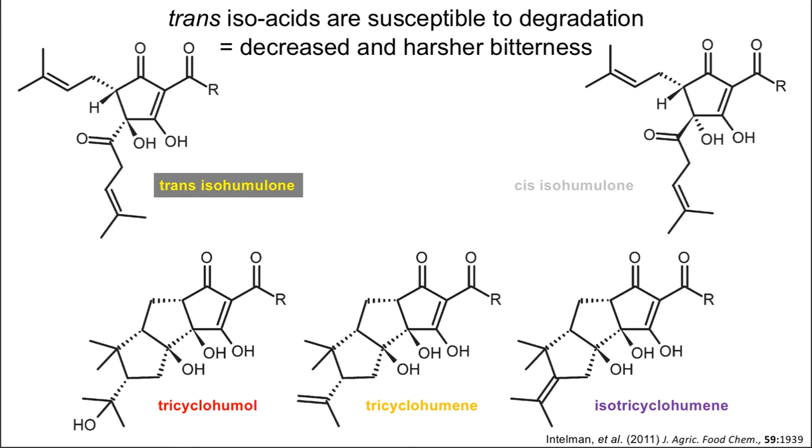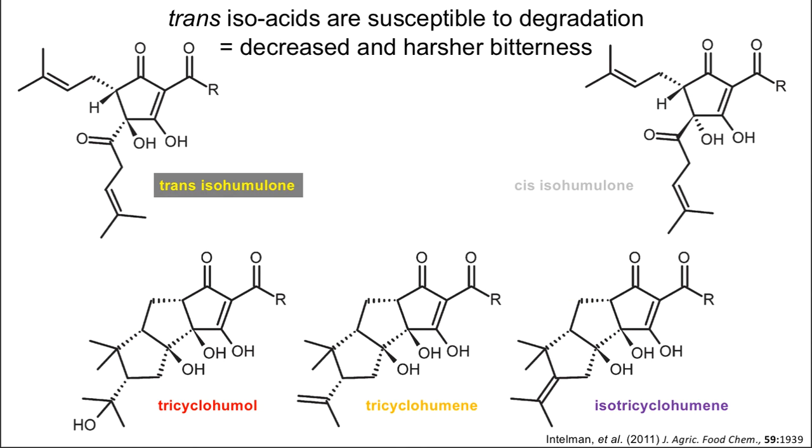Another problem with hops and flavor stability is the formation of tricycloderivatives. First, let's notice again the different chemistry of the trans on the left side and cis isoacids. Their tricyclo products lead to weaker bitterness, but also to an alteration of the character of the bitterness, with most tasters considering the flavor to be more harsh.